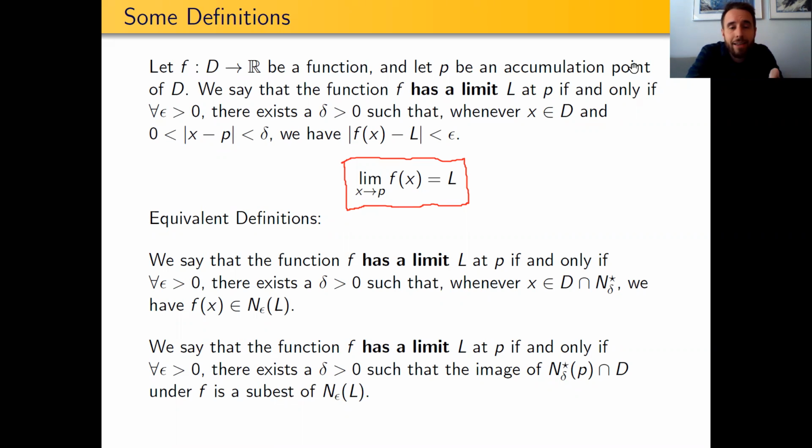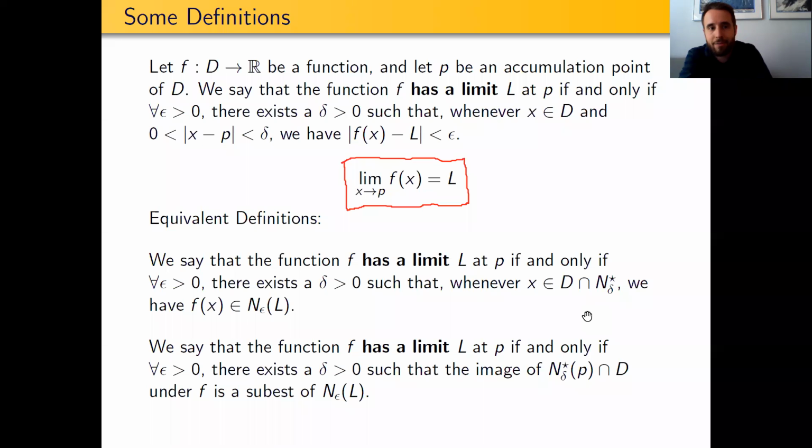We will then say that our function has a limit L at P if and only if, and this is going to be the meat of the definition, for all epsilon there exists not an N, but in this case, a delta.